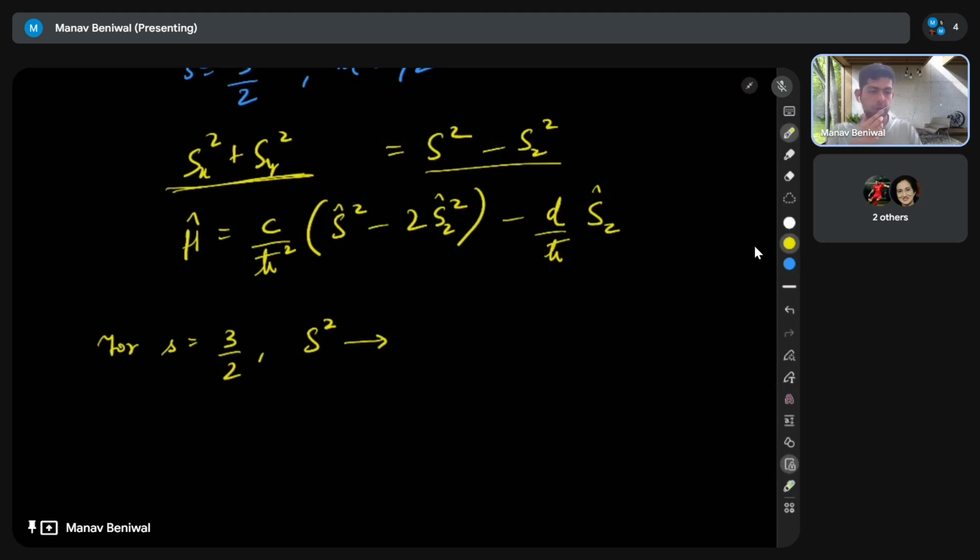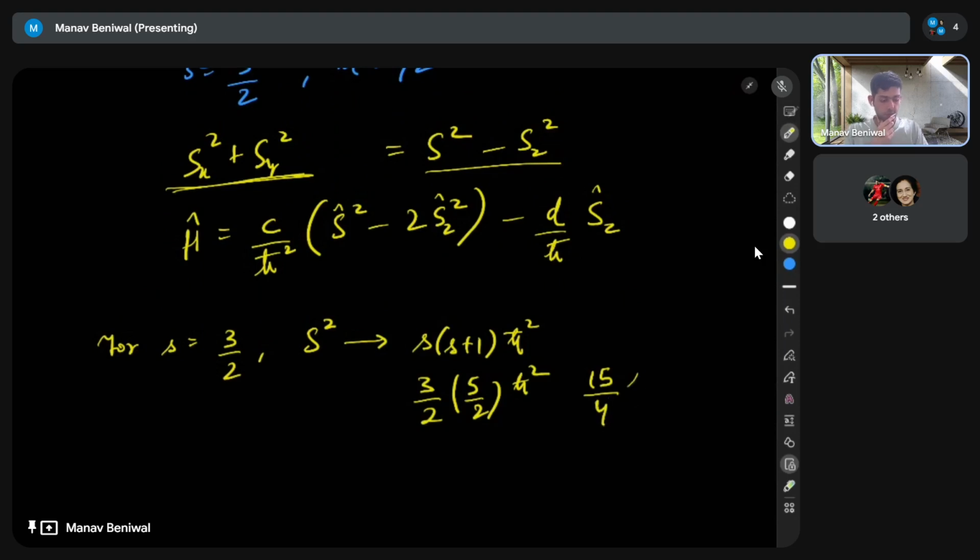What is the form of this function? It is S into S plus 1 h cut squared, right? And then simply put S as 3 by 2. So this is 3 by 2 and this is 5 by 2 and then h cut squared. So this will give us 15 by 4 h cut squared.